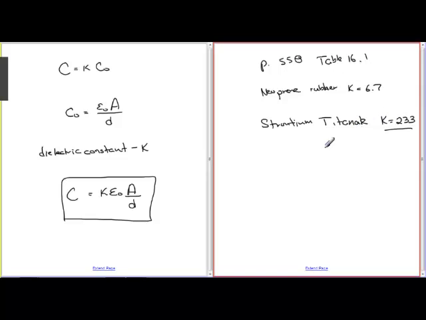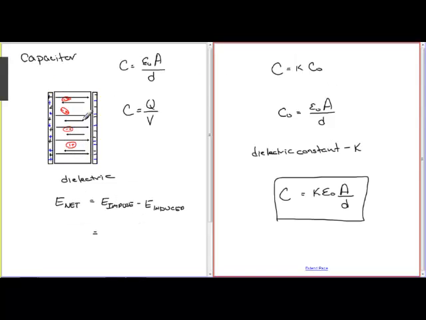Water has a fairly high one because it's polar, so it has a kappa equal to 80. Now, typically you don't want this to be water, but something that's solid, because having something in between the two plates also electrically insulates the two sides.